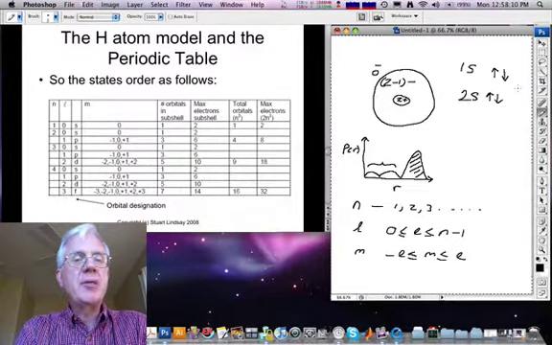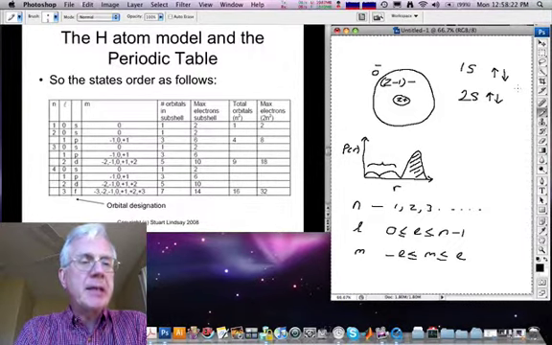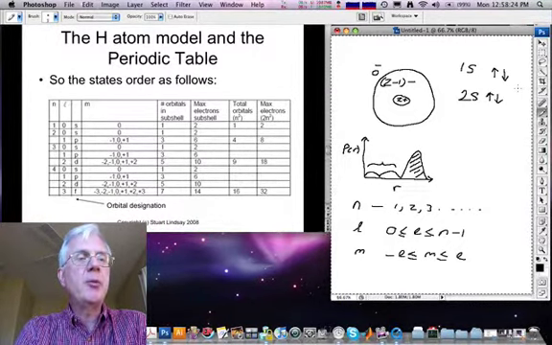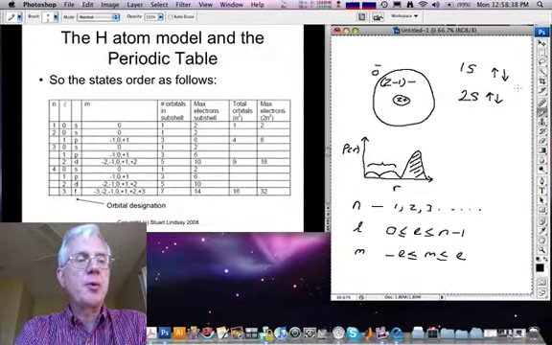So this means that in the shell corresponding to principal quantum number of 2, we can put 2 electrons into the 2s state, and then into what is called the 2p state, corresponding to the principal quantum number being 2 and the azimuthal quantum number being 1, we can put a further 6 electrons. So this allows us then to put a total of 8 electrons into the orbitals associated with the principal quantum number 2.